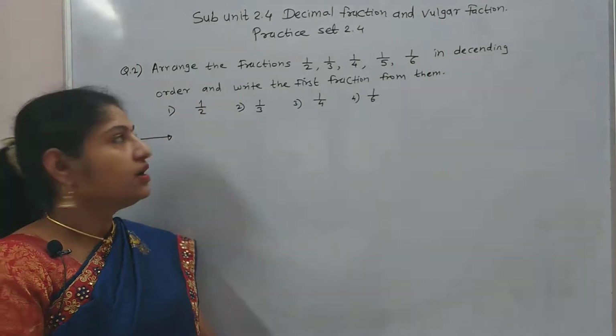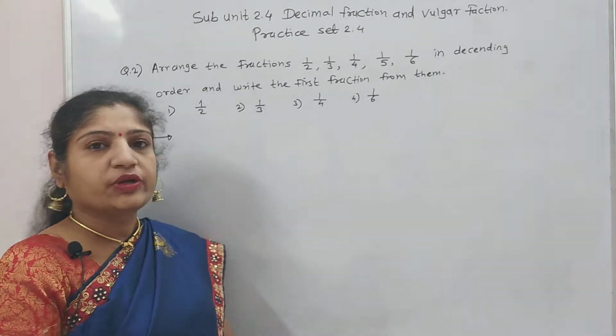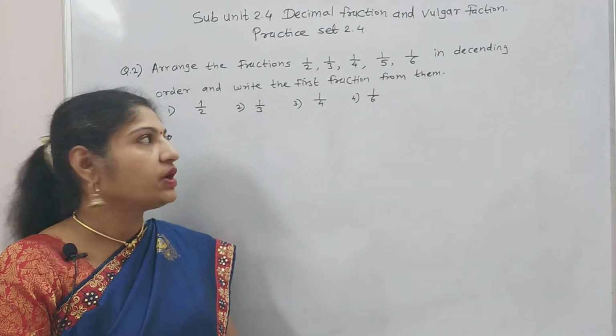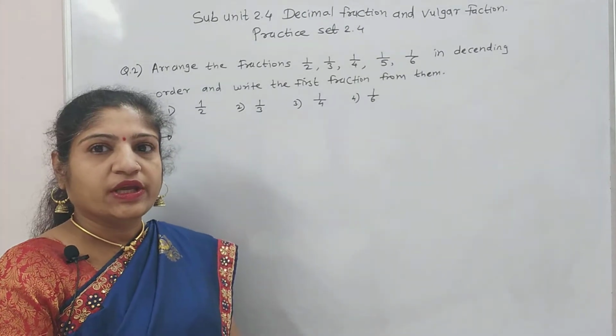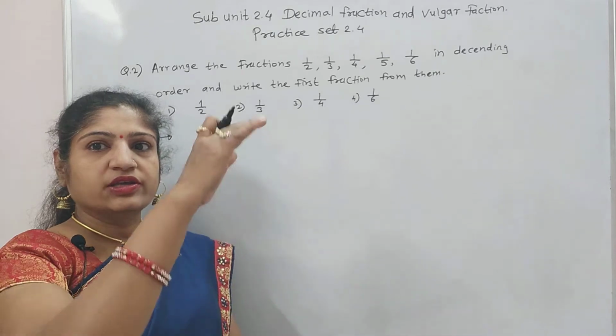Next question is, arrange the fractions 1/2, 1/3, 1/4, 1/5, 1/6 in descending order and write the first fraction. Descending means highest to lowest.